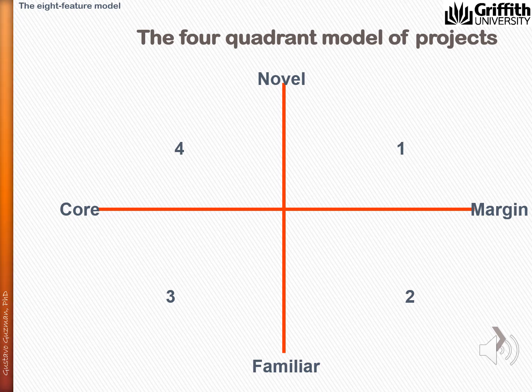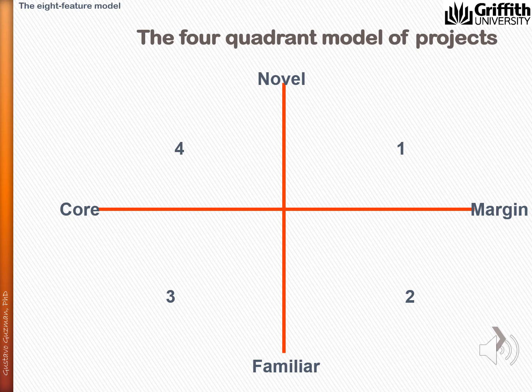In summary, projects can be perceived as novel but marginal in quadrant 1, or as incremental in quadrant 2. That is, they are low budget projects that are reversible and there are not many issues because they are doing a familiar project, where the solution is very well known to the company.